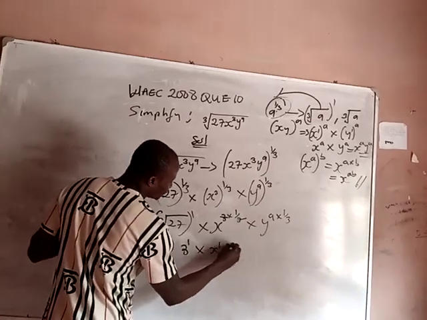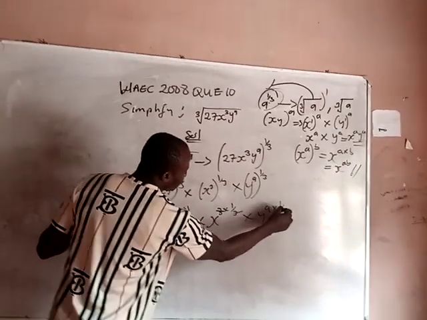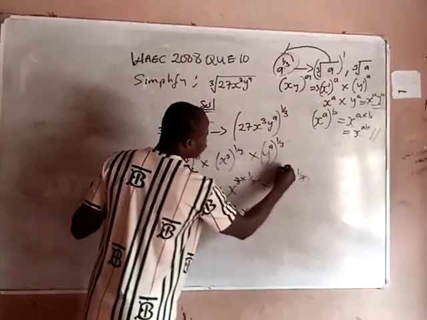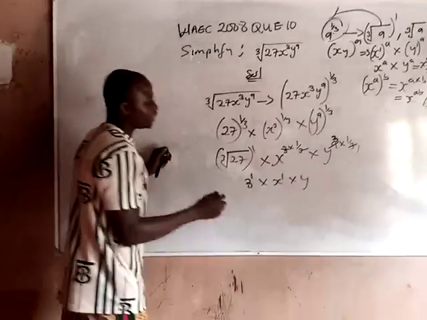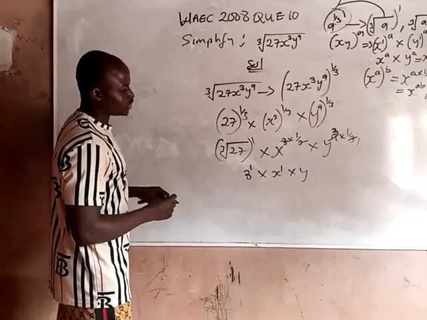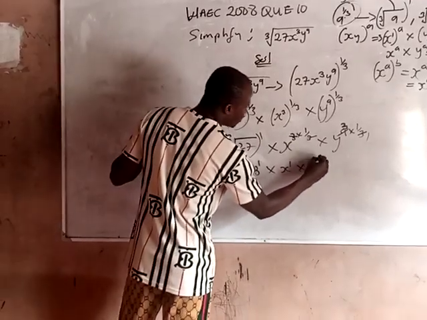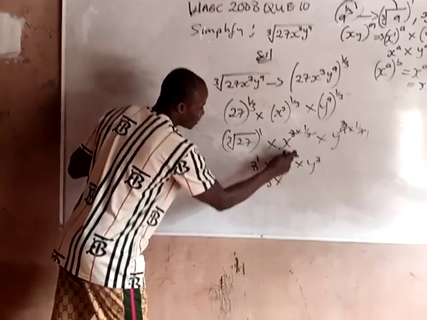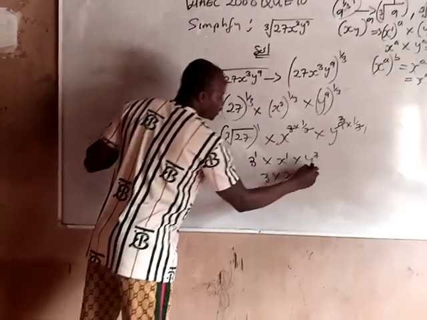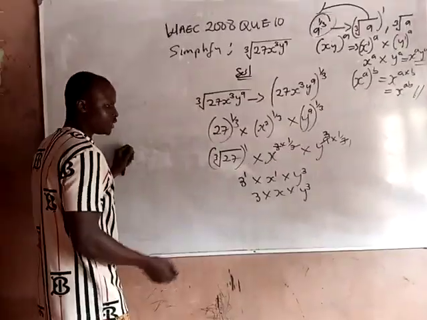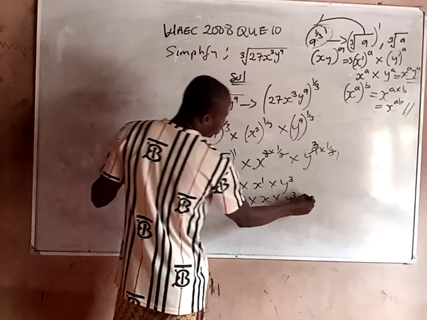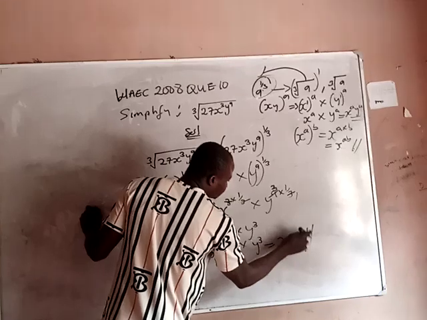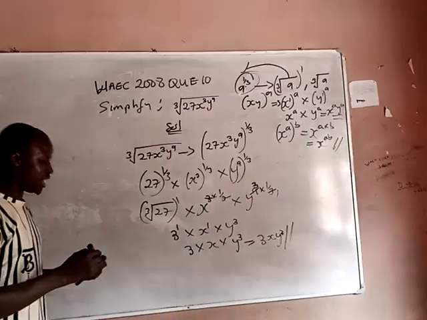Then 9 times 1 over 3 is 3, so we have y raised to the power 3. Multiplying all of these, we have 3xy^3. So this becomes our answer.